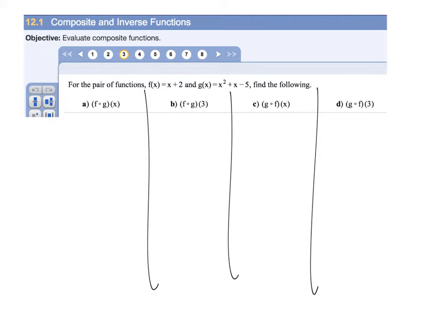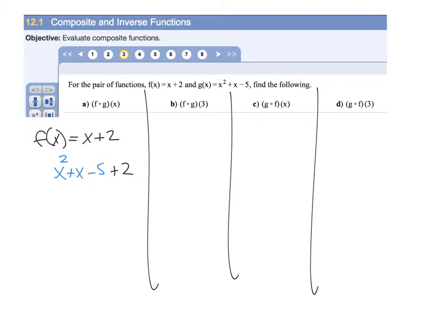Okay, so this says take your x, stick it in g, so you get your function itself, and then you're going to take your g and stick it in f. So if we know that f is x plus 2, and we're going to take our g and stick it in, that means we're going to replace this x with the x squared plus x minus 5, and then we still have the plus 2 sitting there.